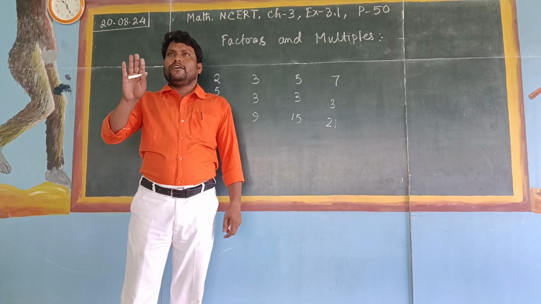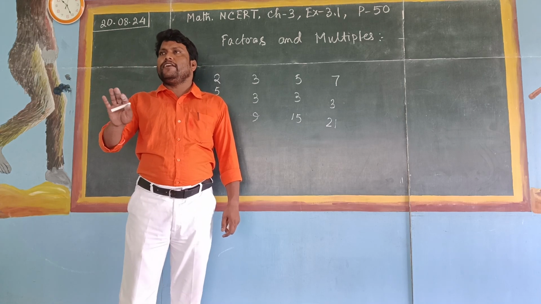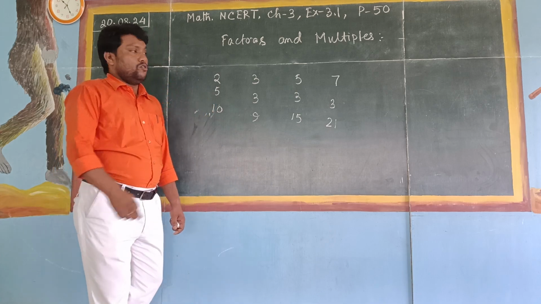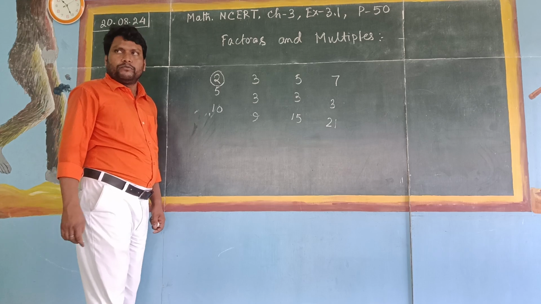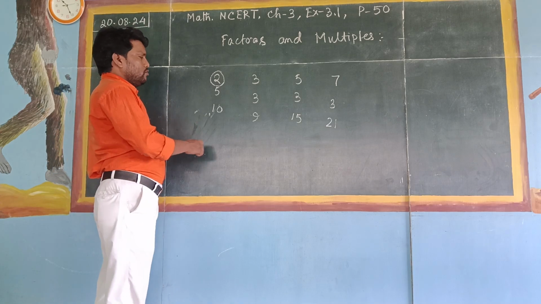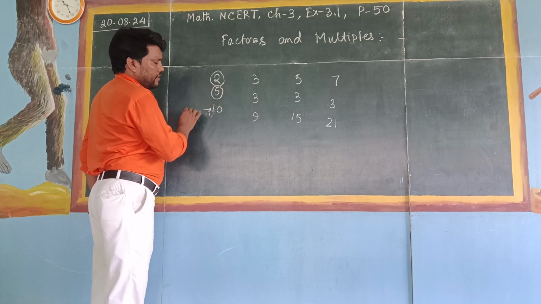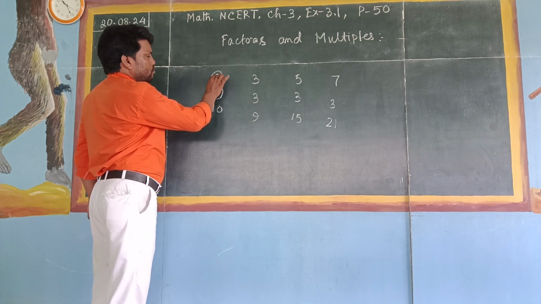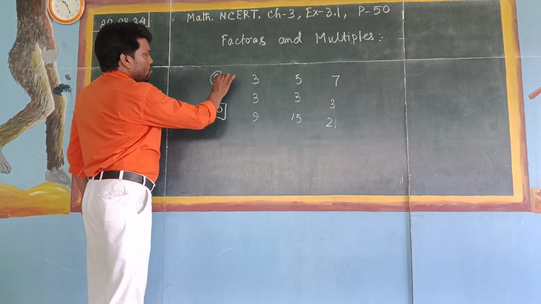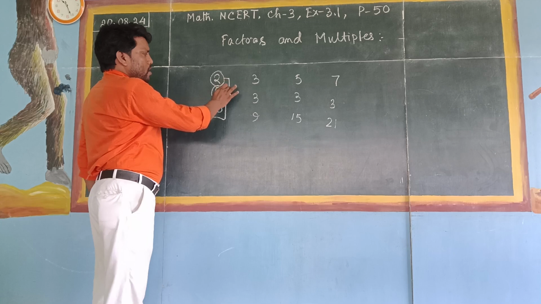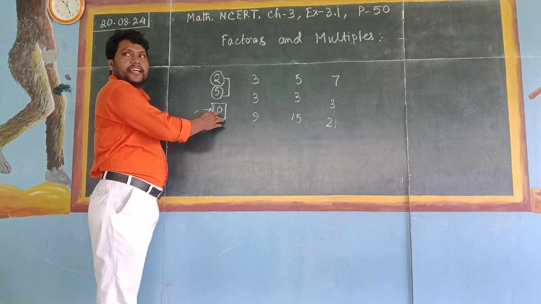I am discussing the actual meaning of factors. In table 2, you will get 2 5s are 10. So, if you multiply 2 and 5, you will get 10. So, 2 and 5 are factors of 10.